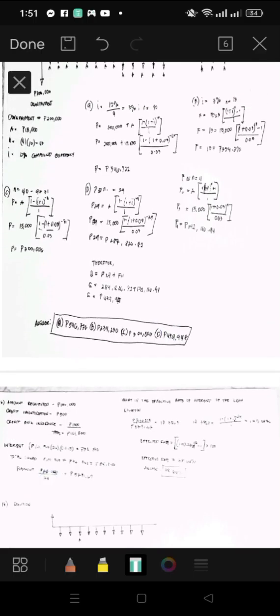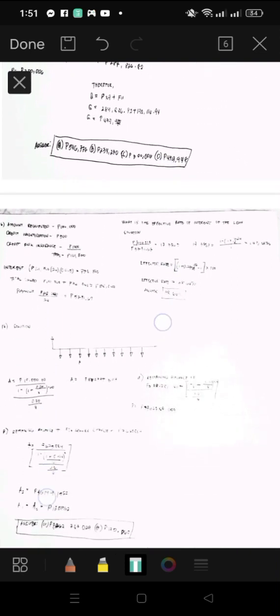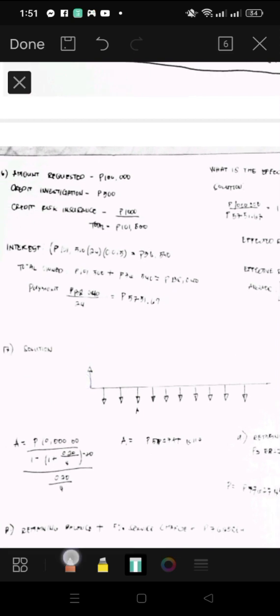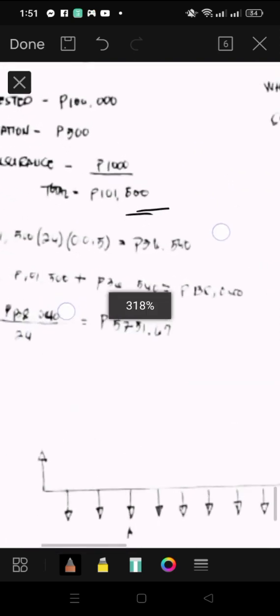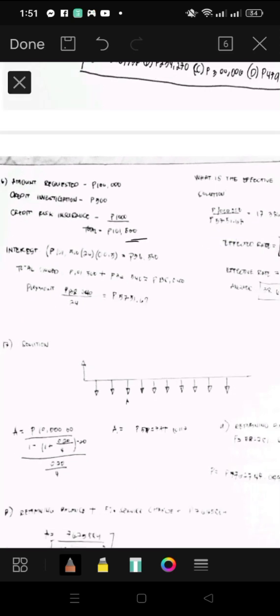So we have an interest of 101,500 times 24 times 0.015, which is equal to 36,540.